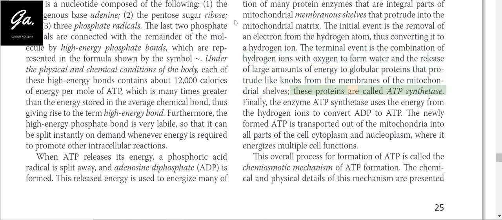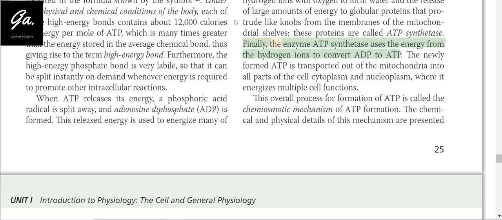These proteins are called ATP synthetase. Finally, the enzyme ATP synthetase uses the energy from the hydrogen ions to convert ADP to ATP. The newly formed ATP is transported out of the mitochondria into all parts of the cell cytoplasm and nucleoplasm, where it energizes multiple cell functions.